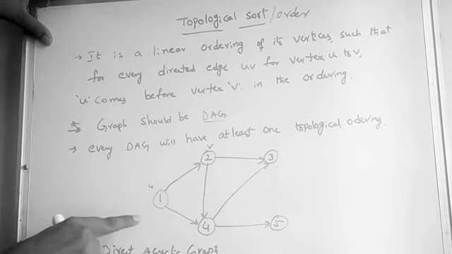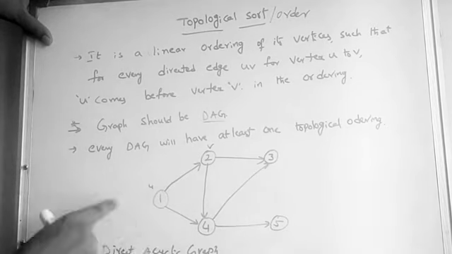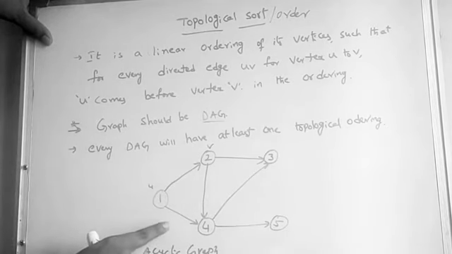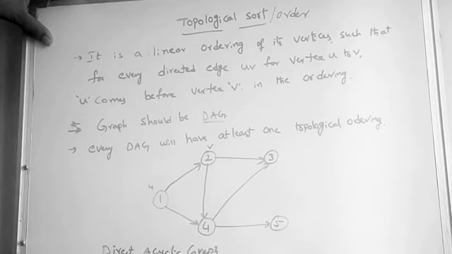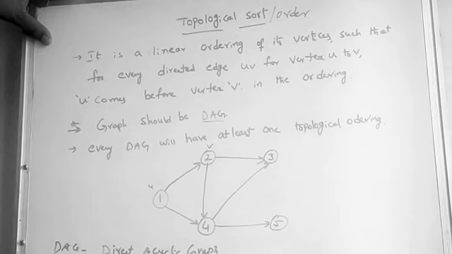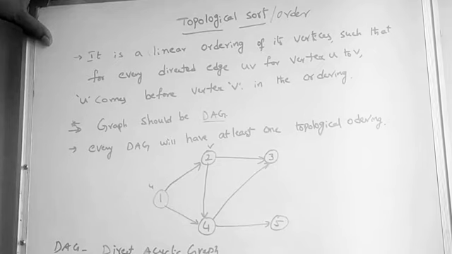Before finding the topological order, the graph should not have any cycles, so that is called a DAG. Every DAG will have at least one topological order. We will discuss with an example how to find the topological order from the graph. Remember this, maybe they ask a 2 marks question: what is a DAG? A directed acyclic graph, where the graph does not have any cycles. This is the primary property of the topological order, so note it down.